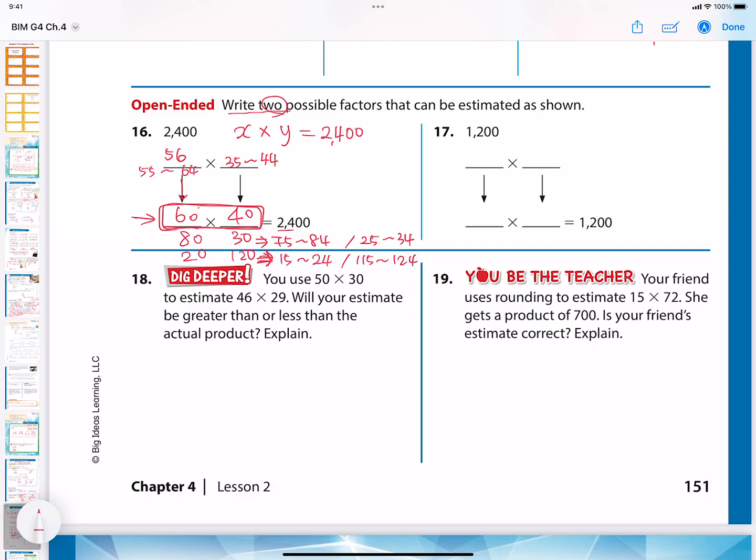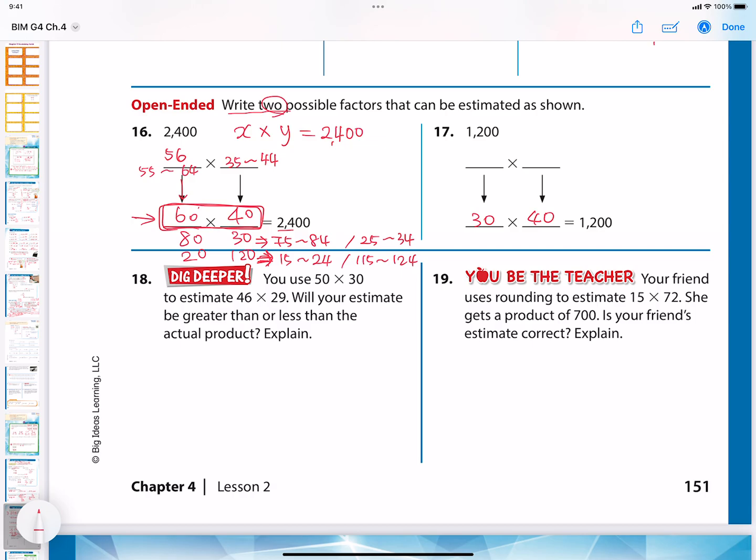Number 17, since we took so much time to explain this one question, I'm going to just make it simple, okay? So I'm going to pick 3 times 4 is 12. And how many more zeros do we need to add? 1, 2. 2 more zeros, right? It needs to be down here, sorry. 30 down here. When you round this number, it should be 30 and 40 or 40 and 30, whatever, right?